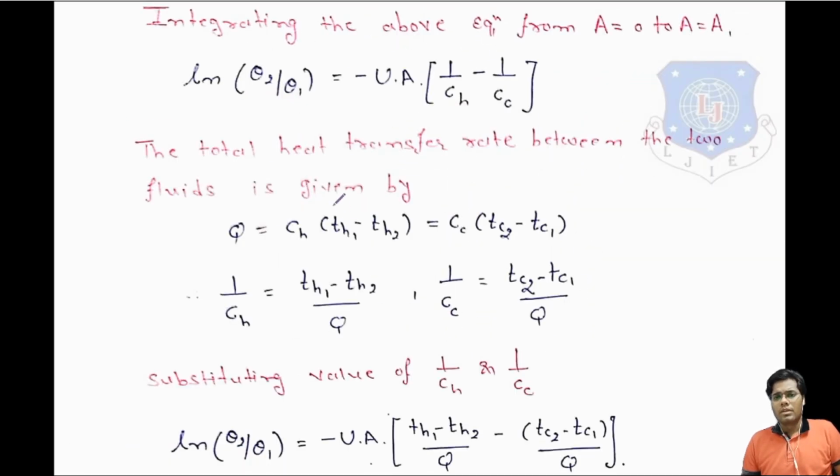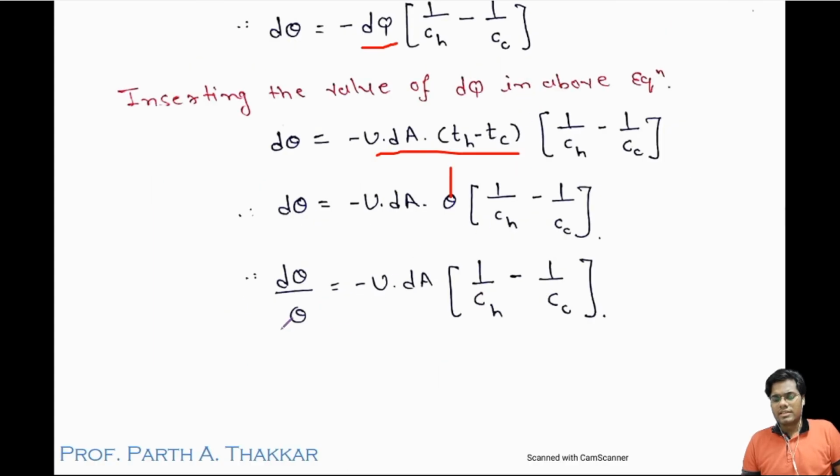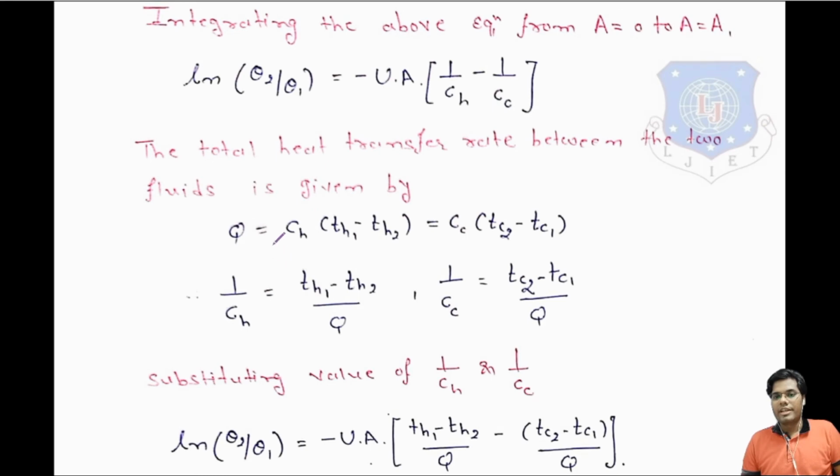Now integrating this equation, because this is a small elementary area dA, the whole area of the heat exchanger is from 0 to A, so we have to integrate the area from 0 to A, and this is theta, which is a temperature difference. The inlet temperature is denoted by 1 and the outlet temperature is denoted by 2, so we integrate from 1 to 2.